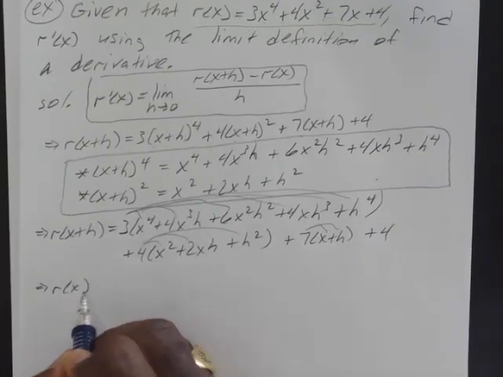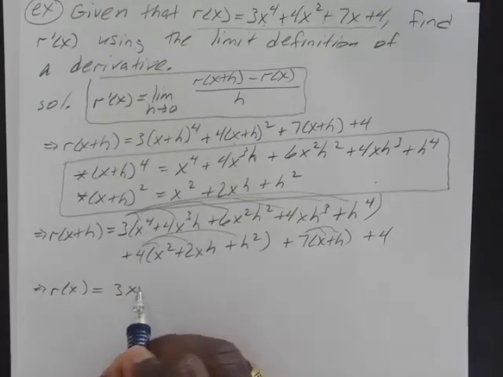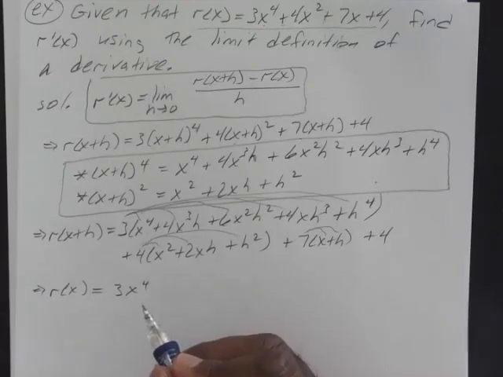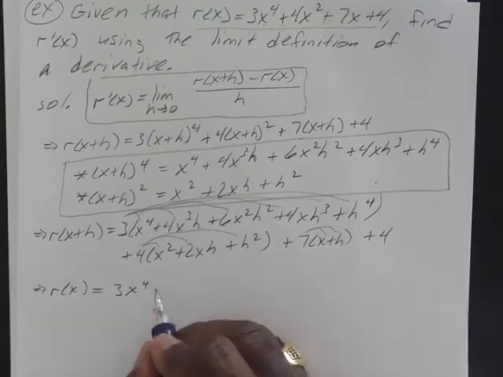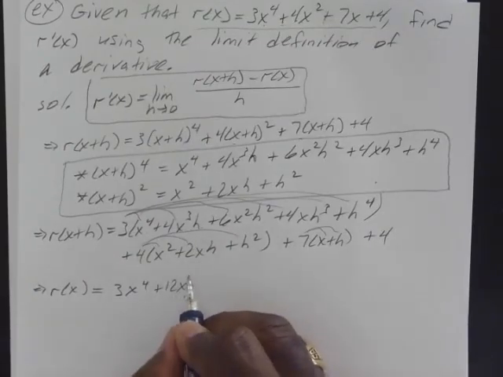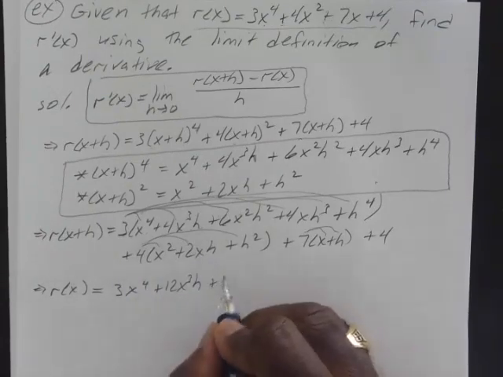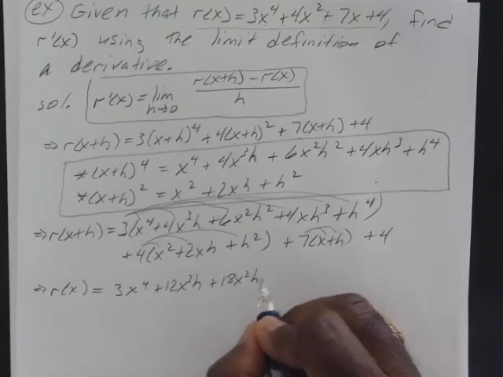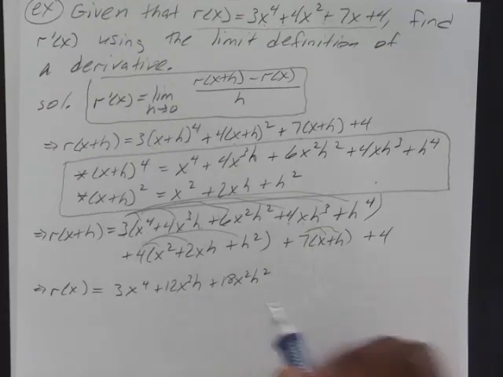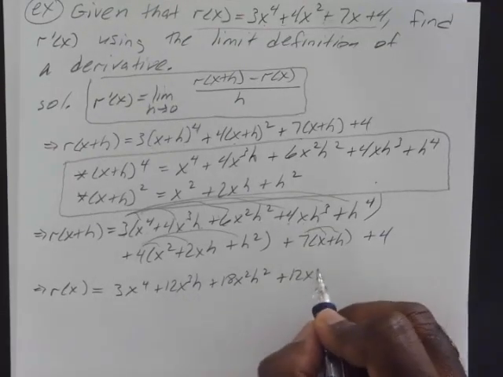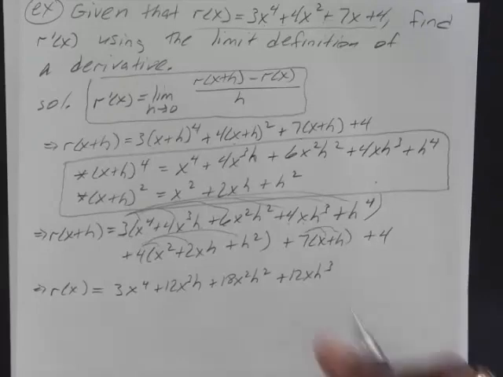So our r of x plus h is equal to 3x to the fourth power plus 12x to the third times h plus 18x squared h squared plus 12x h to the third plus 3 h to the fourth.